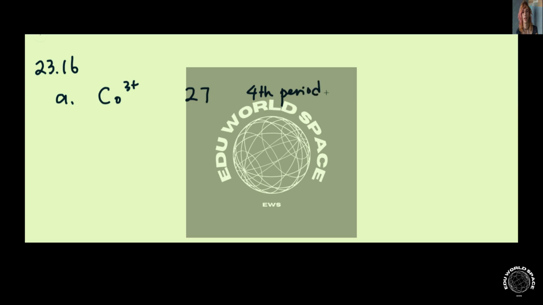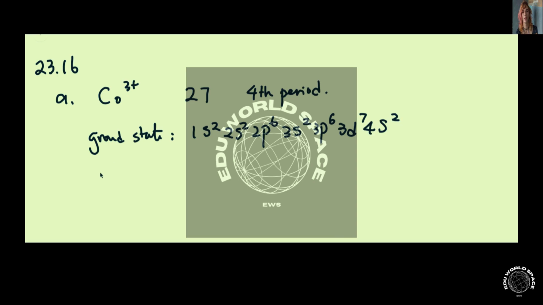So a ground state electronic configuration will be 1s2, 2s2, 2p6, 3s2, 3p6, 3d7, 4s2. Alright, so the oxidation of 3 electrons gives cobalt 3+.